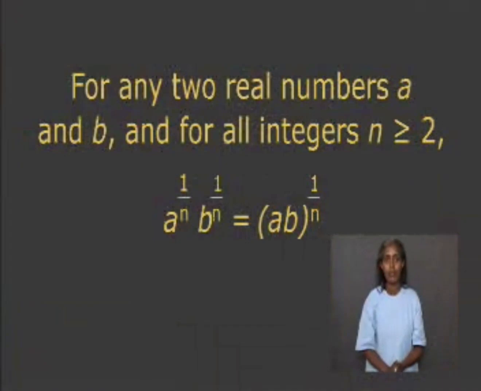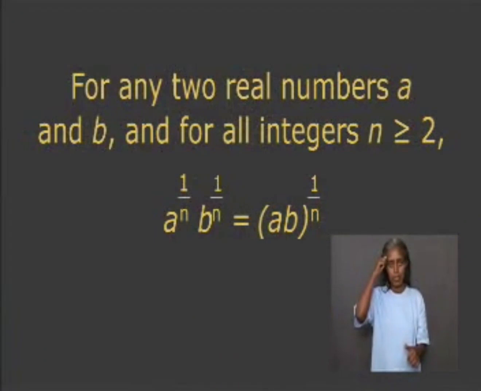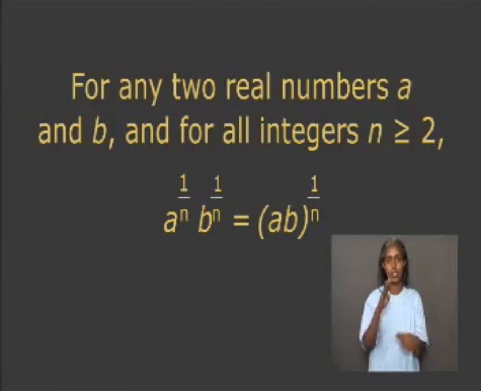The first theorem states that for any two real numbers, a and b, and for all integers where n is greater than or equal to 2, a to the power of 1 over n times b to the power of 1 over n equals a times b to the power of 1 over n.